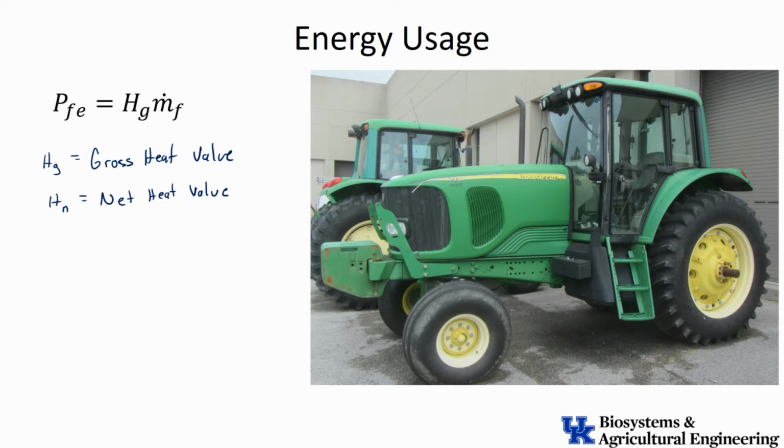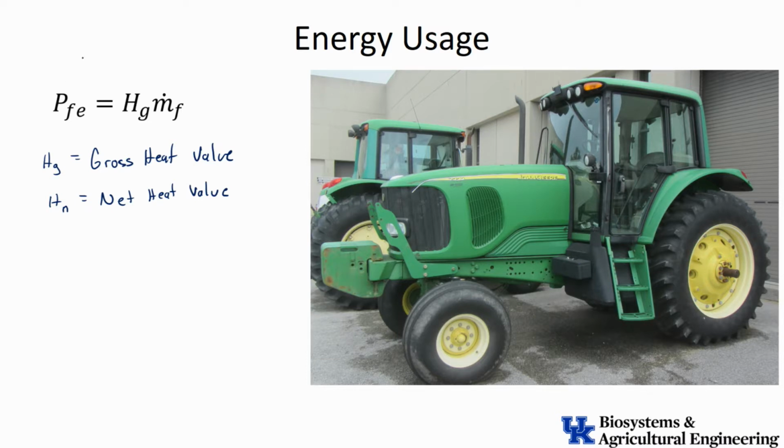So that gives us a little different indication of what energy is available. So for the gross heating value, we actually recover the water as a liquid. So we're going to account for the fact that there's some energy there that changes the state of the water back to the liquid when we recover that water. Okay, so that's the difference there.